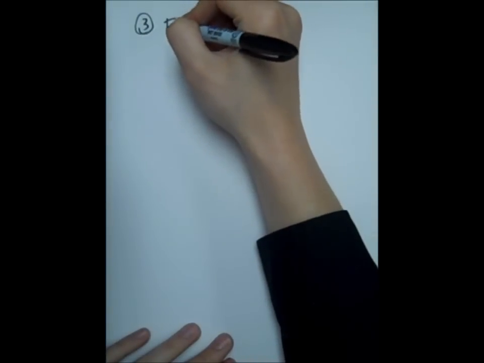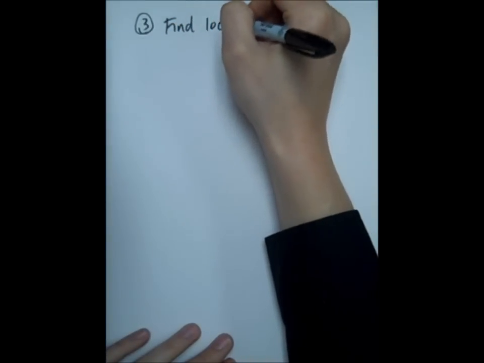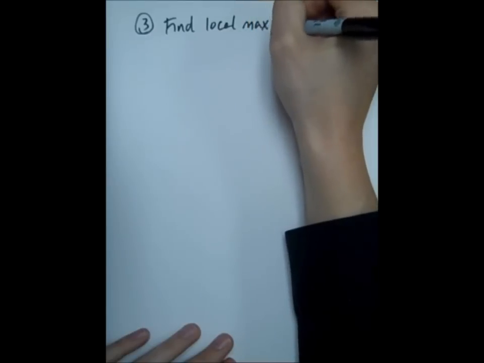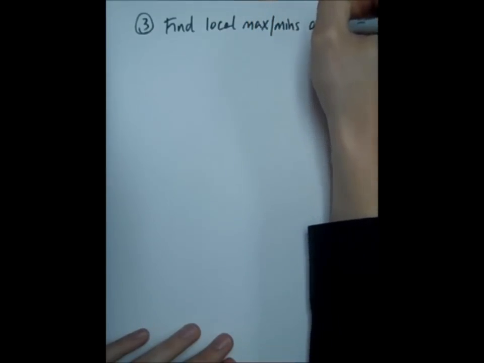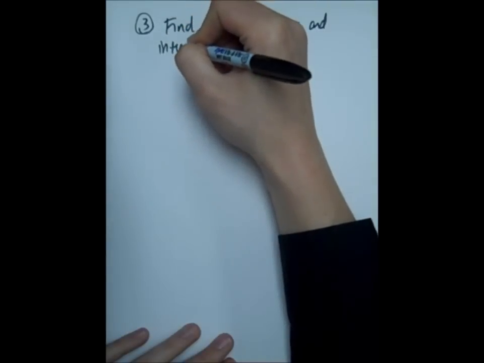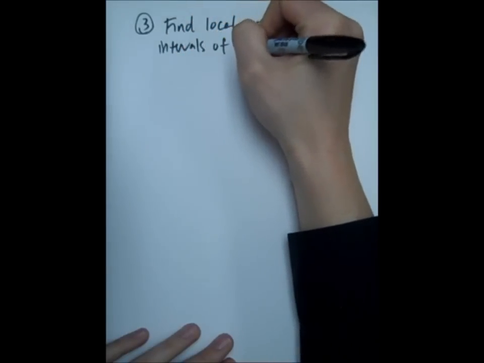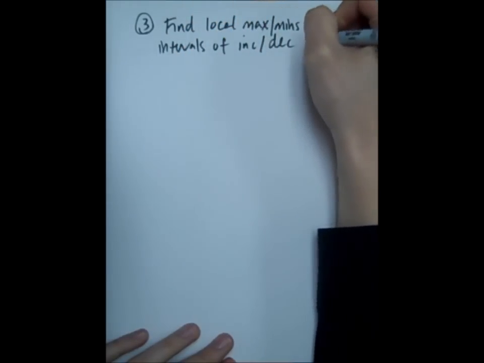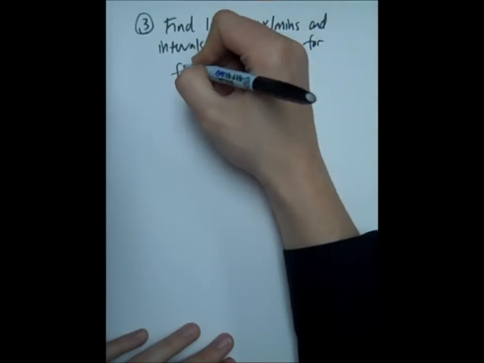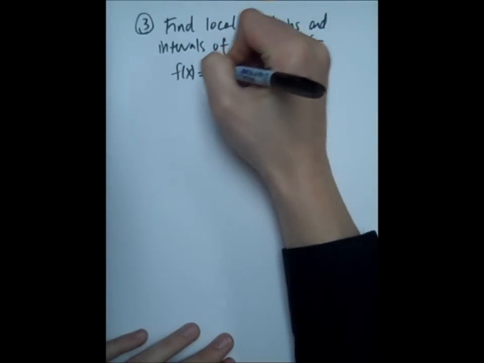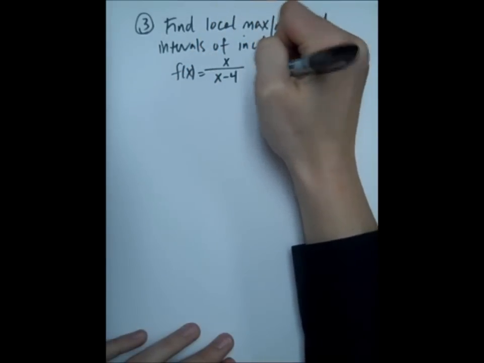I want to find local maxes and mins and intervals of increasing and decreasing for the function x over x minus 4.